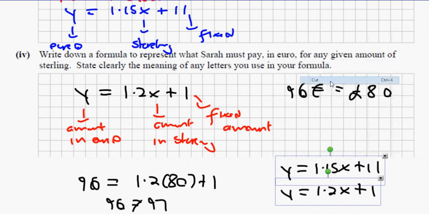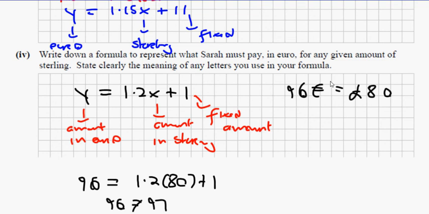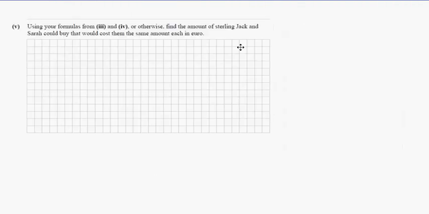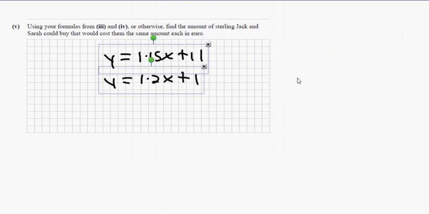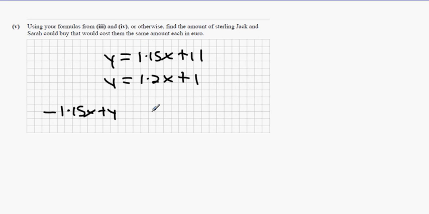We need to find the y amount, which is the amount of euro that we get in common. So what we're going to do next is make a simultaneous equation out of this. So we get minus 1.15x plus y equals 11. Then we have minus 1.2x plus y equals 1.